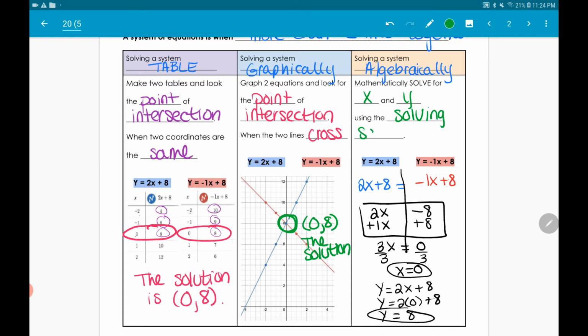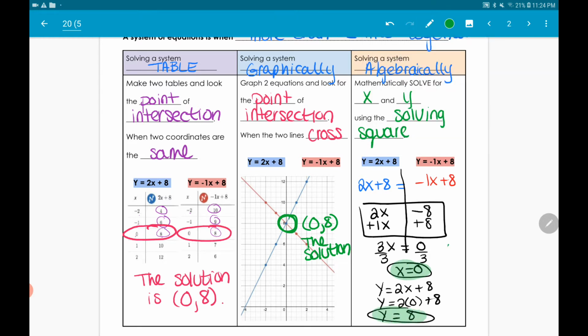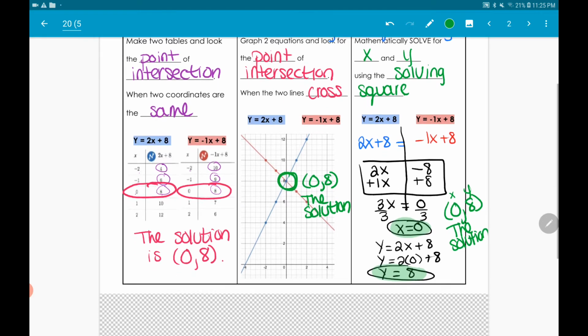That's the algebraic way. All right, and just to save time, I showed you the steps there. And when we do that, we see our solutions written a little bit differently. We get some x equals and some y equals. But remember, all of that means is that this is a coordinate, and we can write our coordinate with x first, then y. So again, our solution is 0, 8. Okay, so that's what we did before break.